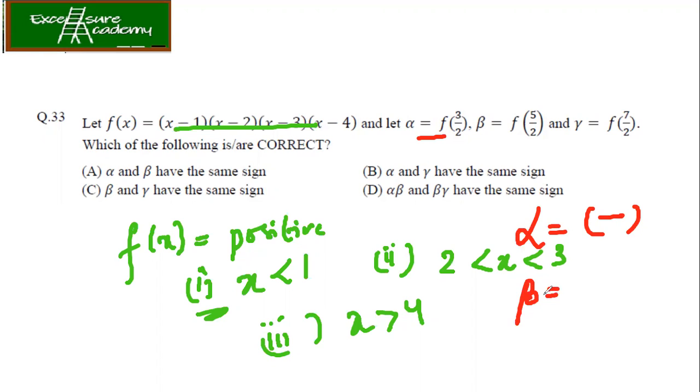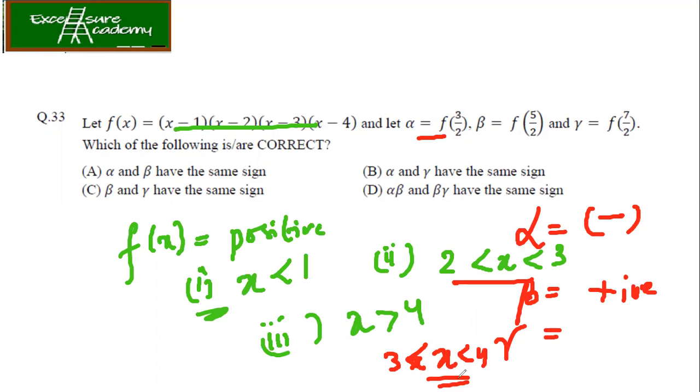Now when you put beta, you see that these values are falling in this range, so it is going to be positive. Now let's check gamma also. Put the value and you see that it is falling between 3 and 4, so this value is going to be negative. So what we got is that alpha and gamma have the same sign, negative. Now let's see what the options are.